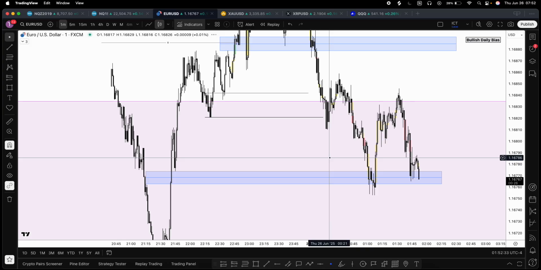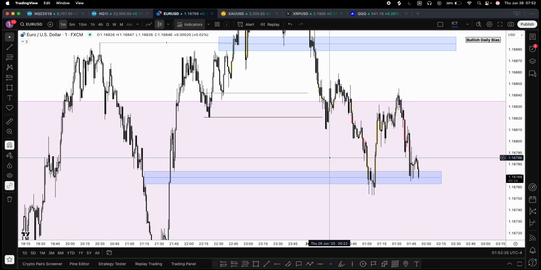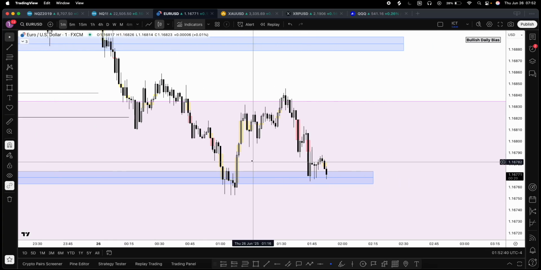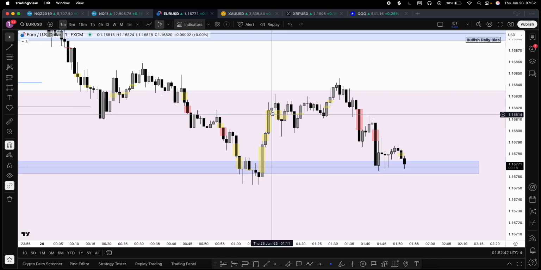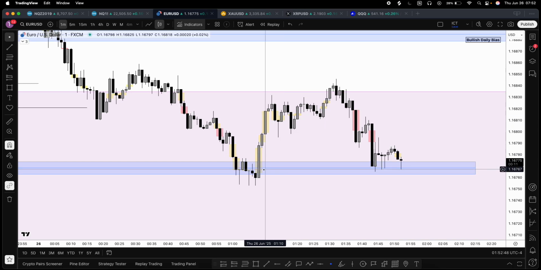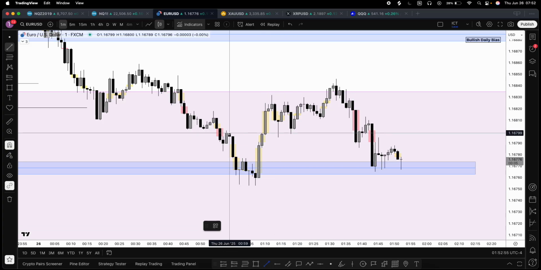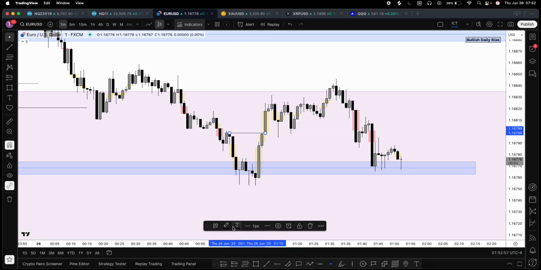Let's see. I like this displacement, which is fast, impulsive, momentous movement with big candles and gaps. And then this is kind of an entry model.